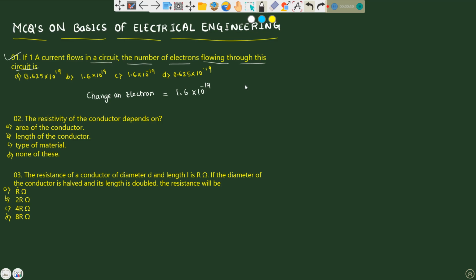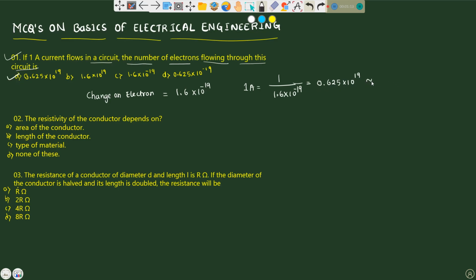At the same time they are asking for 1 ampere. What is the charge transfer of 1 coulomb? It is nothing but 1 divided by 1.6 into 10 raised to minus 19, which equals 0.625 into 10 raised to 19. So option A is the right answer.